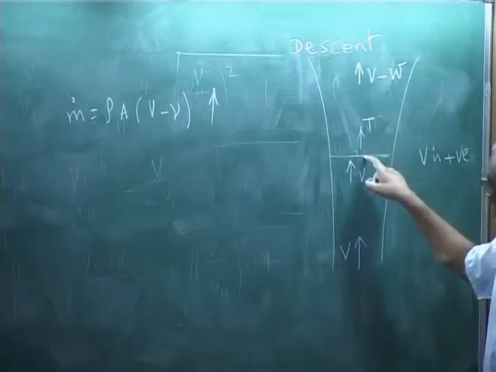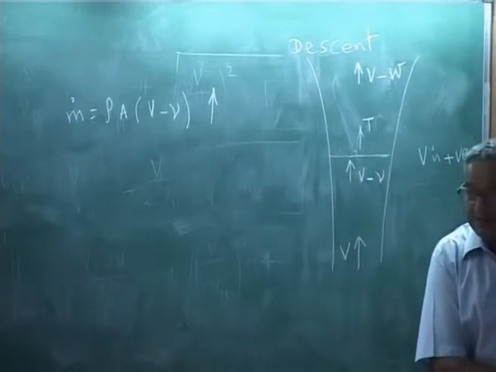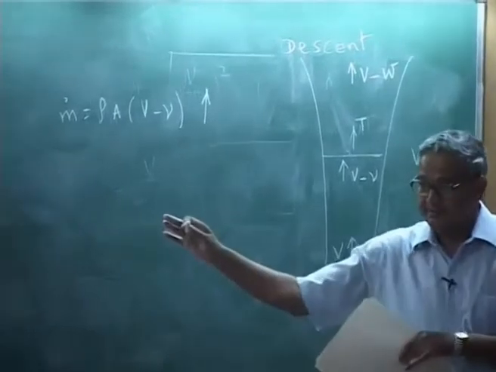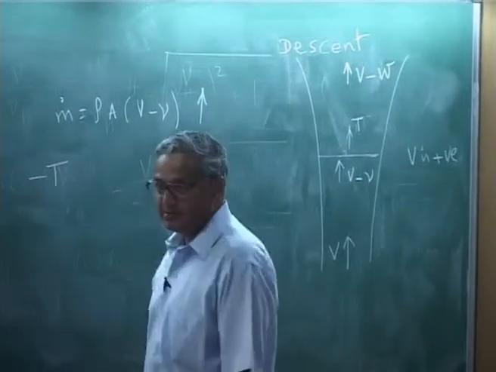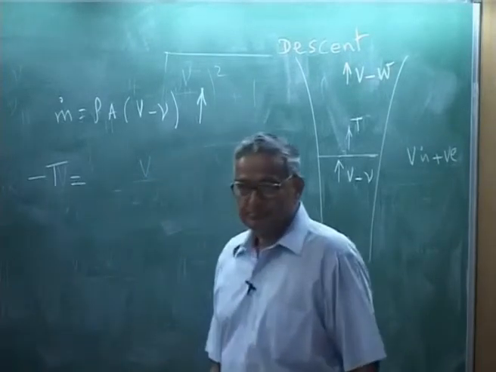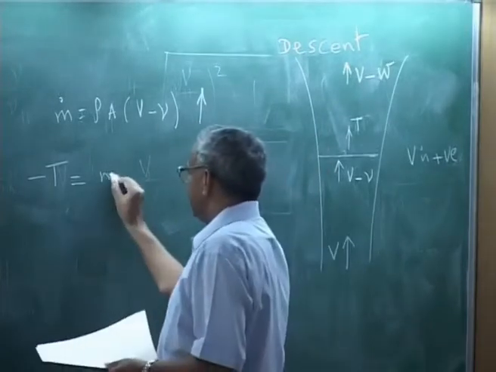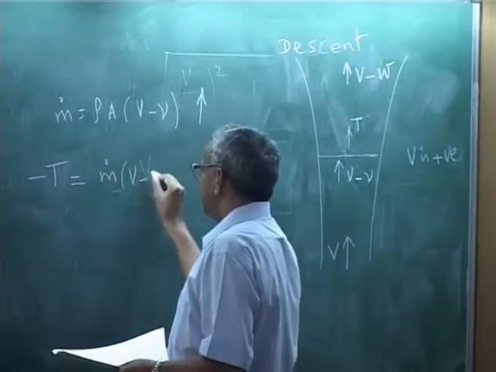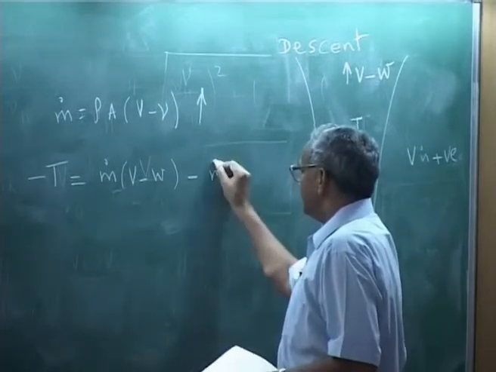This thrust is acting on the rotor, but I am writing the equation for my fluid. So, my thrust acting on the fluid is minus T, change in momentum, final minus initial, final is V minus W minus m dot V.